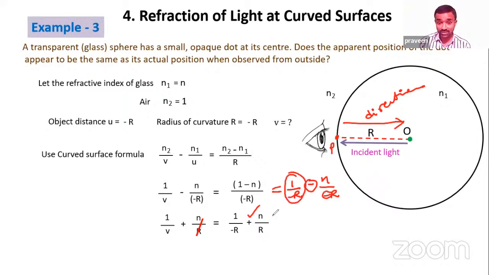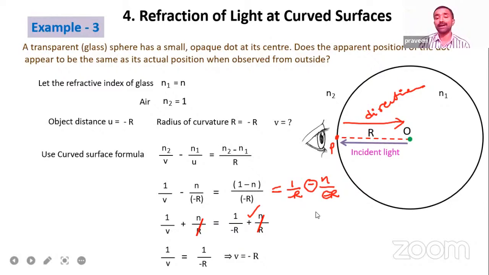Then see the terms: plus n by r and plus n by r will be cancelled. What is remaining? 1 by v is equal to minus 1 by r, or 1 by minus r. Writing the reciprocal, v is equal to minus r.